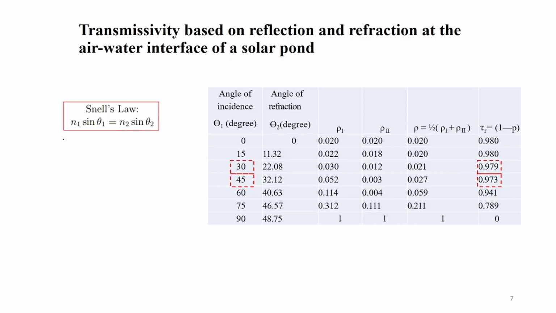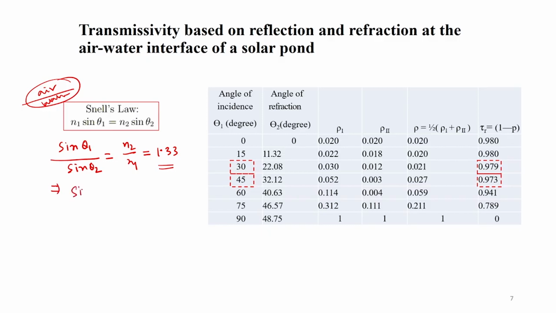So, from Snell's law we can write, sin theta 1 divided by sin theta 2 is nothing but the ratio of refractive indices, n2 by n1, which is 1.33, because this is the interface between air and water, or liquid, in the surface convective zone. Here we already know theta 1 and we can calculate theta 2.